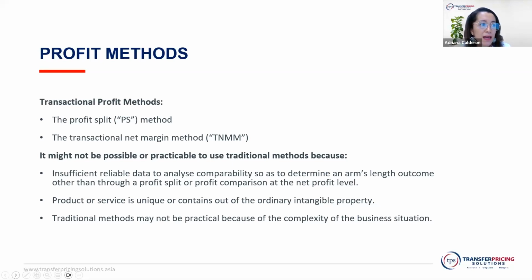So I think, again, this is very important, because going down the path of profit methods requires some preliminary requirements. It cannot be used in every single scenario, because even though there is no hierarchy, strictly speaking, the most appropriate method is not necessarily always the profit split. Even though internally it might be an easy way to sort out your internal pricing, from a TP testing perspective it might not be the best way to go about it.